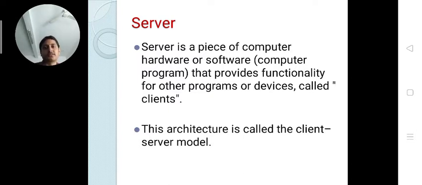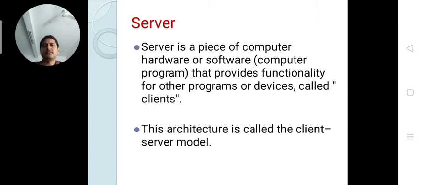And in the architecture where a server is available, clients will be there. Clients are part of the network, but they are not responsible for providing any services to anyone. They are just there to access the services made available by servers on the network. This architecture where server and client are available is known as the client server model.